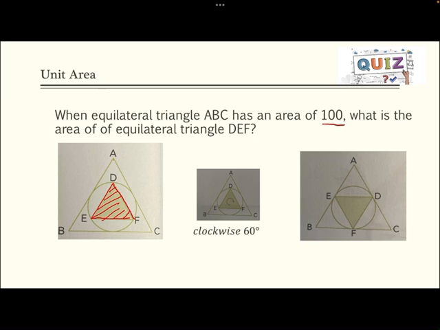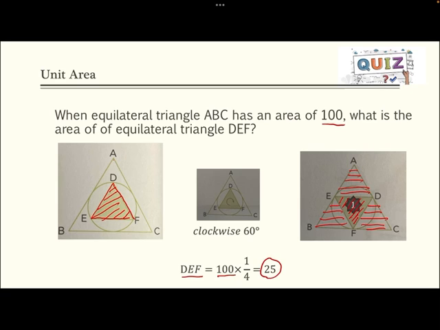Looking at it this way, we find out we're actually cutting this bigger triangle into 4 identical small triangles, which I'm showing here to you. So since the bigger one is 100 and the small one we are asking about is just 1/4 of the whole area, the area of triangle DEF should be 100 times 1/4, which equals 25.